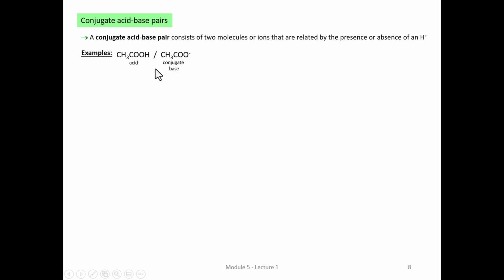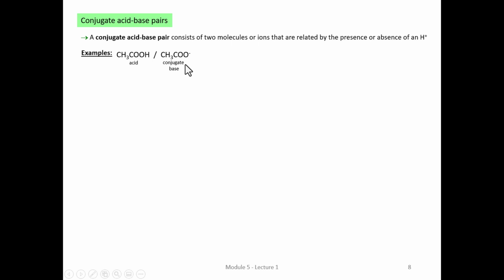I want you to see that these two different species are related by the presence or absence of an H plus ion. Acetic acid has the H plus ion. The acetate ion does not have the H plus ion. So acetic acid we would naturally call an acid, so we're going to say its conjugate base is the acetate ion.